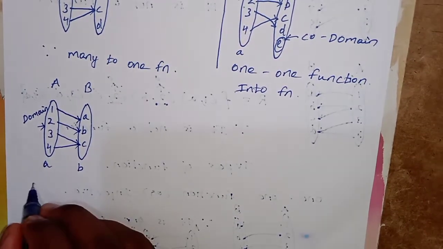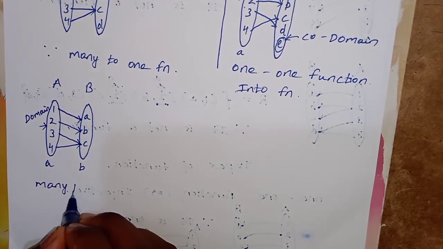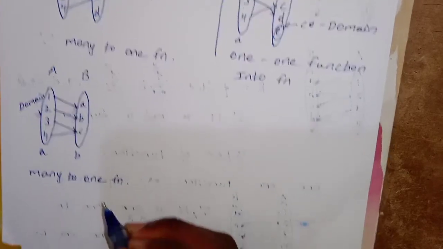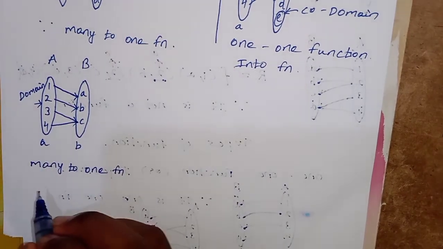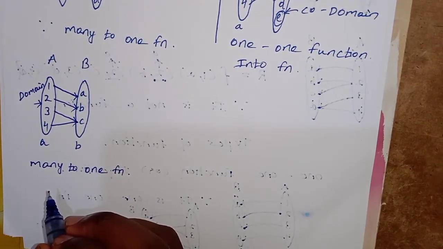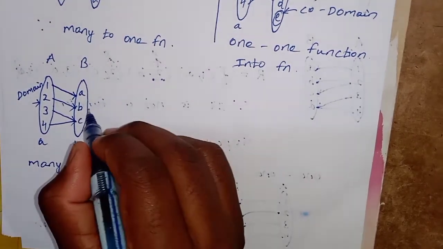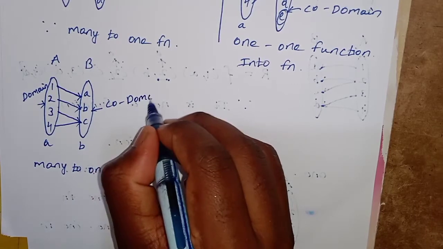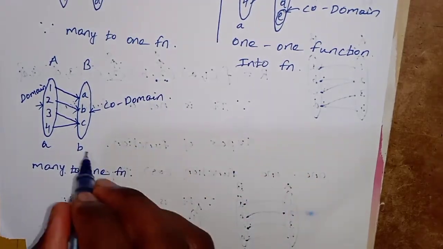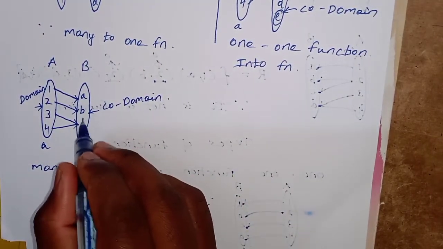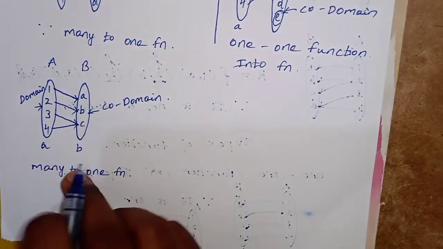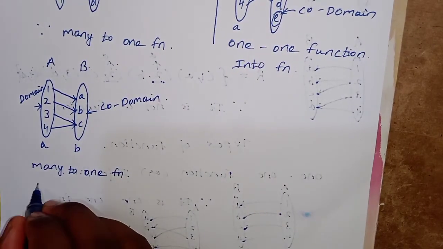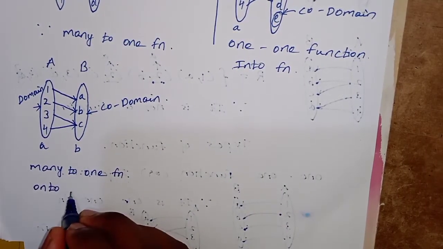Therefore here it is a many to one function. Next, you should find whether it is onto or into. Onto means you have to check the codomain. The codomain is A, B, C, and every element in B is filled. Therefore here it is an onto function.